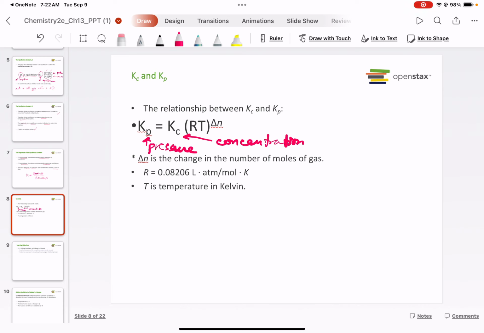And delta n is the change in number of moles of the gas, products minus reactants. So we'll do practice on that one, and I'll show you how to do delta n. It's the total number of moles of product minus reactants. R is the universal gas constant, and temperature is obviously in Kelvin. Okay.